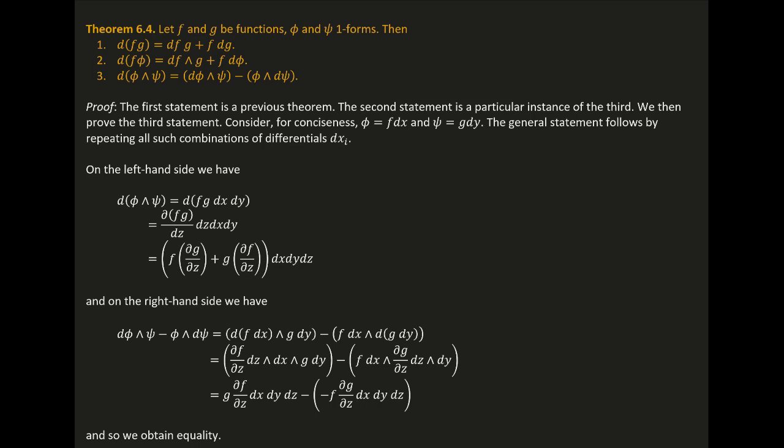And then we use the alternation rule on the second term to get a second negative sign, which of course cancels out. Then we have 2 positive terms, and their sum is exactly the same as what we obtained for the left-hand side. Thus, we prove Theorem 6.4, and we have all of these product rule-like statements at our disposal for future use of differential forms.